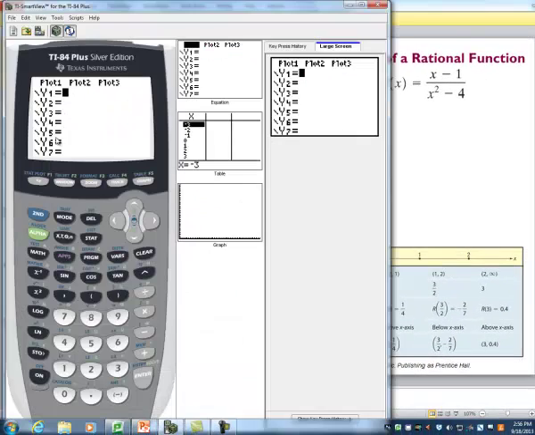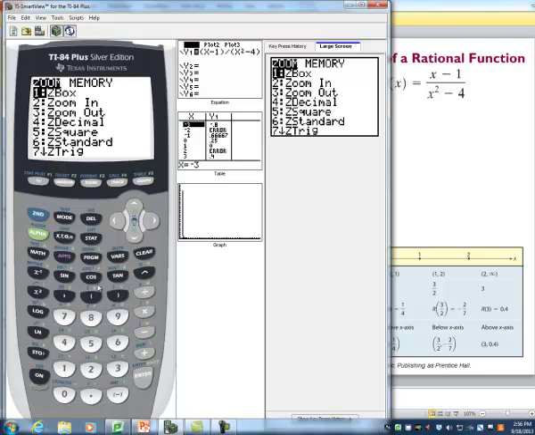So we go to y equals, and you've got to use parentheses here: open parentheses x minus 1 close parentheses divided by open parentheses x squared minus 4 close parentheses. And we're going to use zoom standard 6.